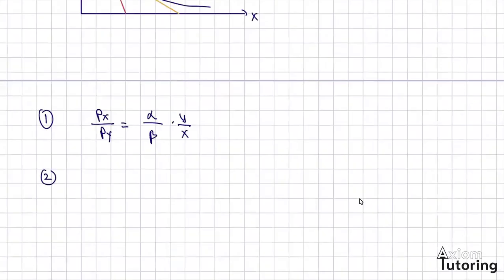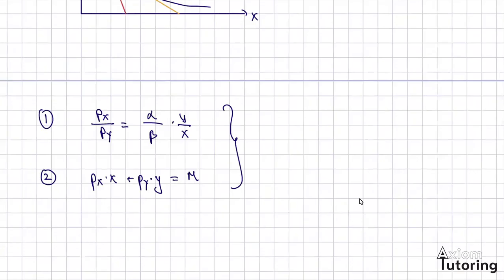Where's the second condition? I have two unknowns, the y and the x, and the alpha, the beta, px, py. Here they're just letters, but you're going to know exactly what those numbers are. What's the second condition? It's the budget constraint: px times x plus py times y is equal to my money. As a homework, you can try to solve this through, let's say, substitution.